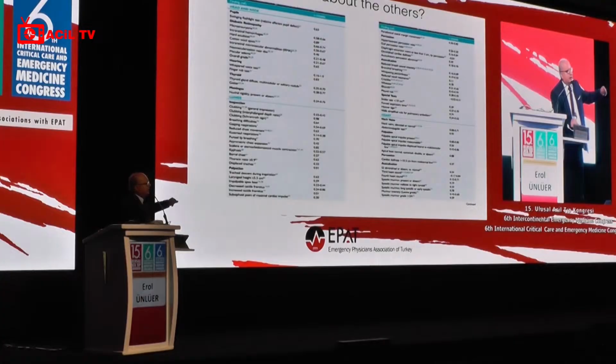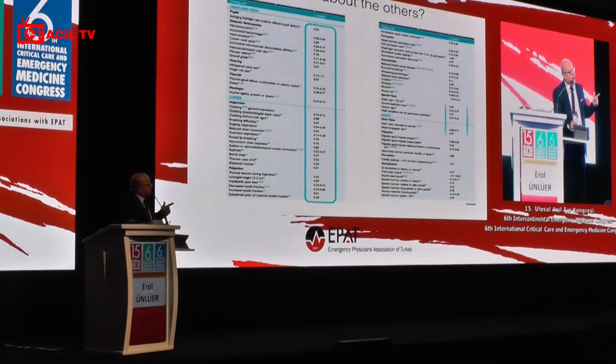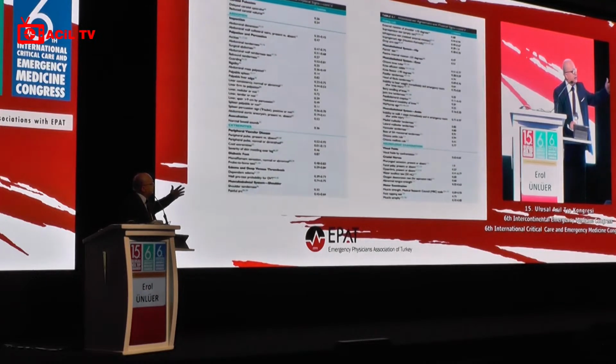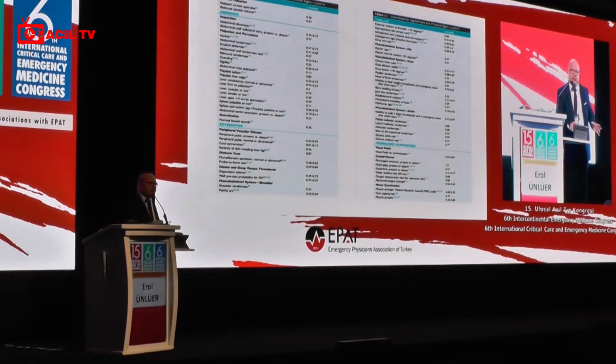If your patient has unstable vital signs, the agreement of physical examination goes up to over 0.7. It is the same situation for other parts of the body and diseases. So physical examination is not so accurate, and it has low agreement.